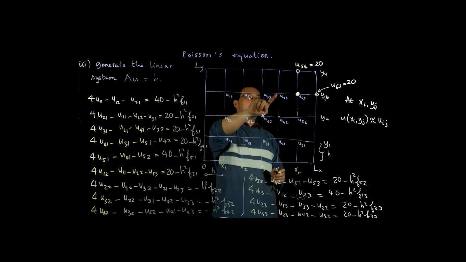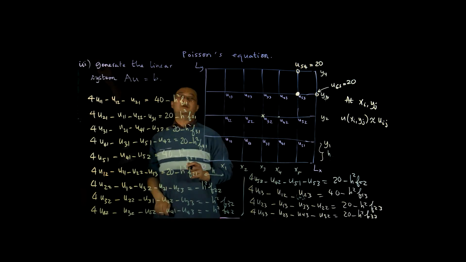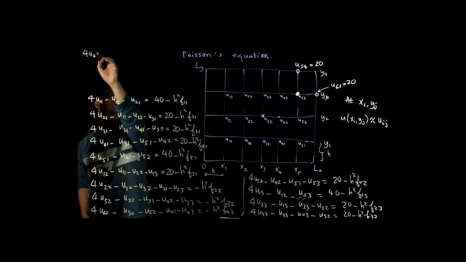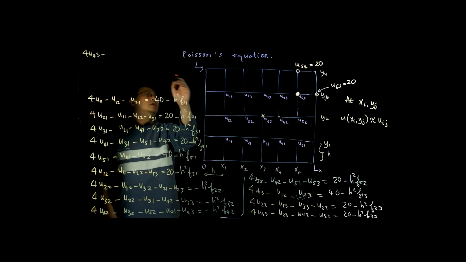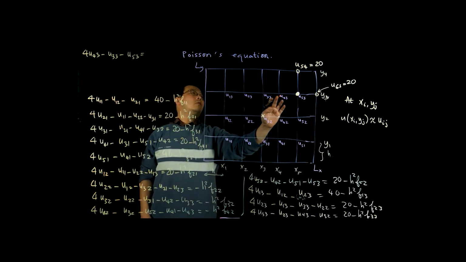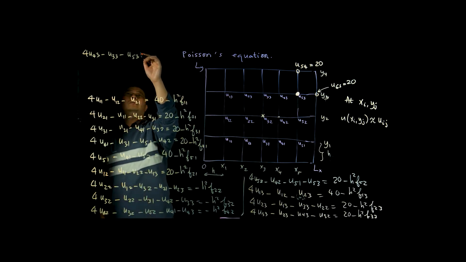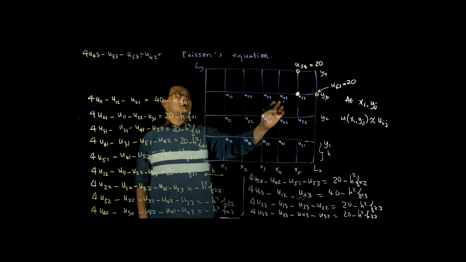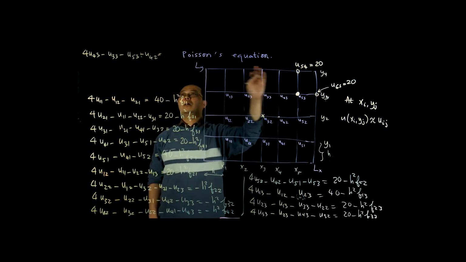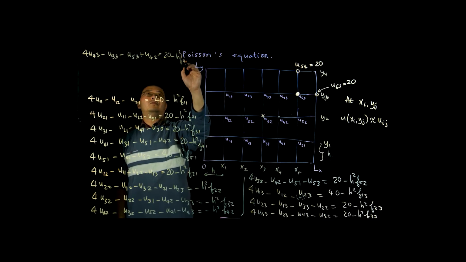And now for the remaining two equations, we have 4 U43 minus U33 minus U53 minus U42, and because this one is known, you get 20 minus h squared f43.